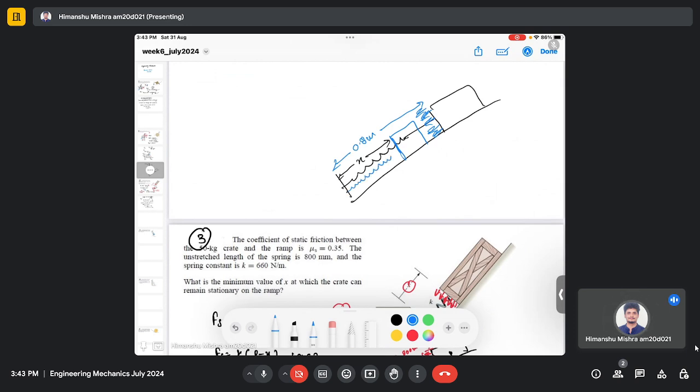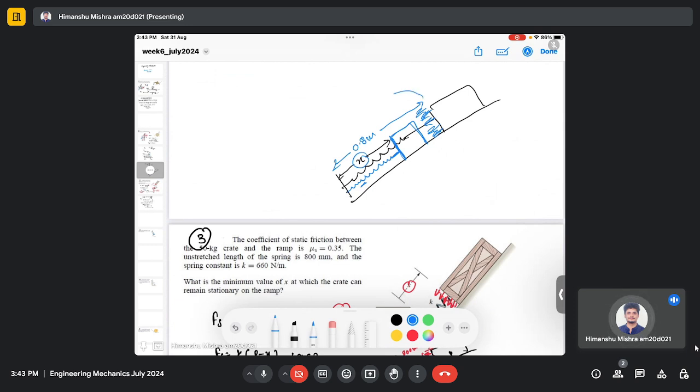So this is your new length of spring, which is X, and X is that distance where the block stops moving, because the force due to the spring is exerted in the direction opposite to gravity.